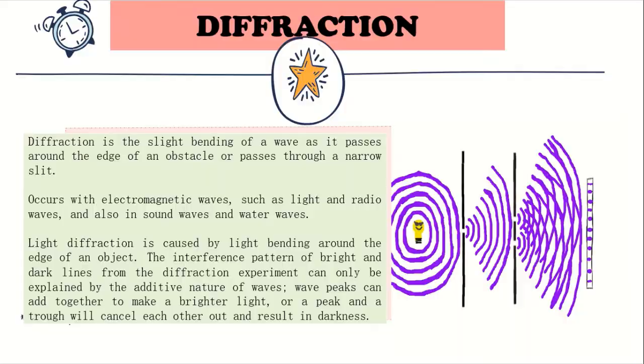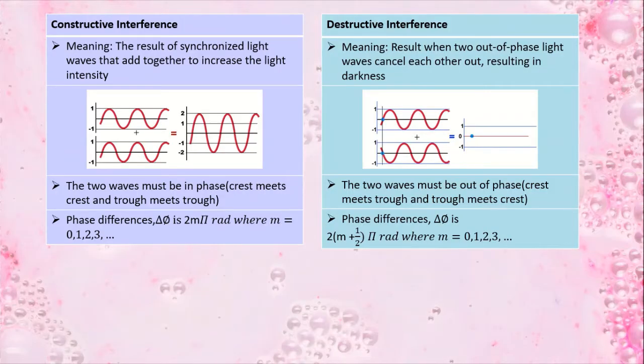The interference pattern of bright and dark lines from the diffraction experiment can only be explained by the additive nature of waves. There are 2 types of interference that you already learned last semester. What are the 2 types? The first is constructive interference and the second is destructive interference. The most common difference between them is the interference pattern. Constructive interference results from synchronous light waves that add together to increase the light intensity, where the 2 waves must be in phase.